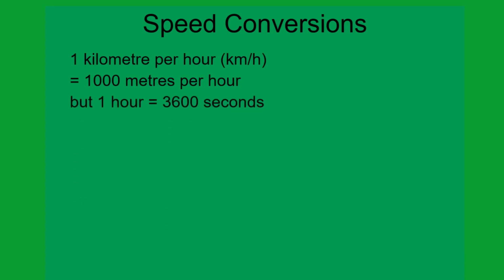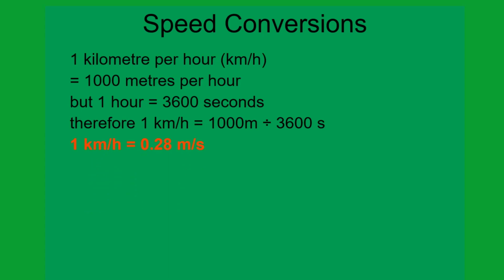But 1 hour equals 60 minutes, and 1 minute equals 60 seconds. So 1 hour equal to 3600 seconds. Therefore, 1 kilometer per hour equal to 1000 meter divided by 3600 seconds. So 1 kilometer per hour equals 0.28 meter per second.